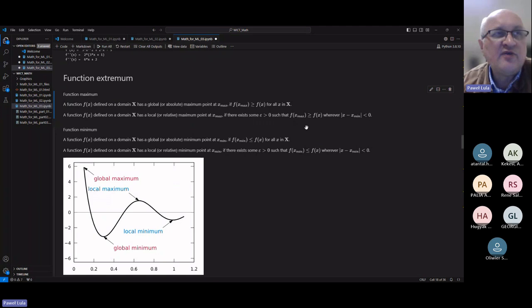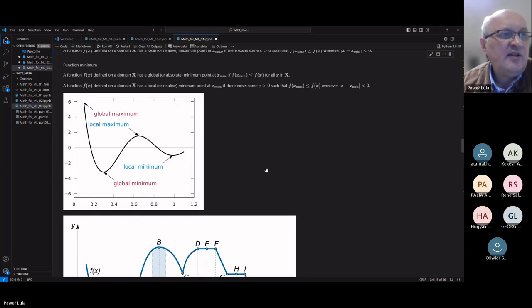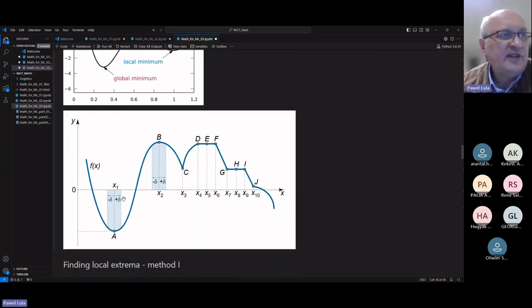The size of this neighborhood is defined by this epsilon value. I think that here we see the meaning of a local minimum or local maximum.